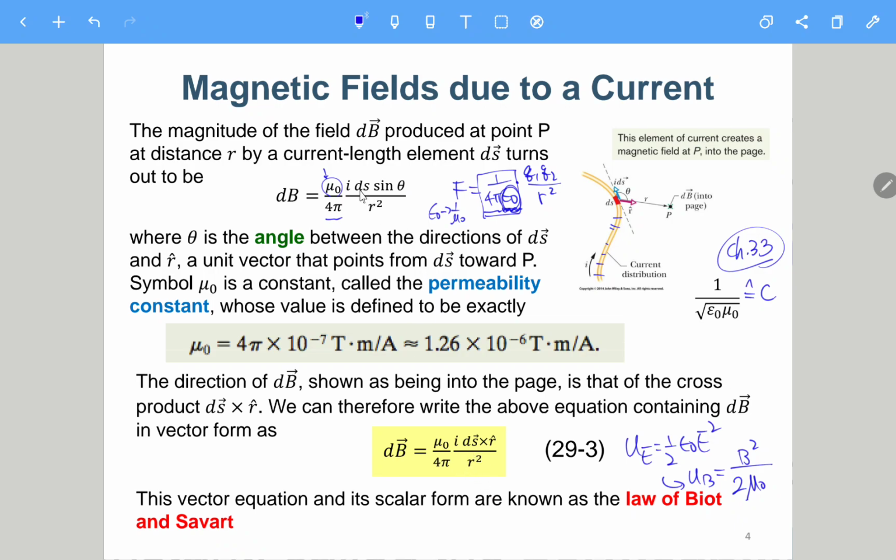Finally, ds sine theta should be a cross product, but nothing is crossed with it, so we introduce an R hat. R hat is the unit vector of the R axis. So this term becomes ds vector cross R hat.